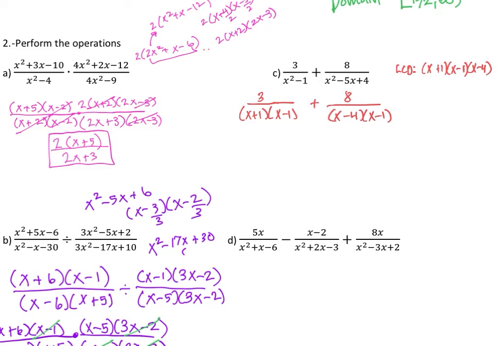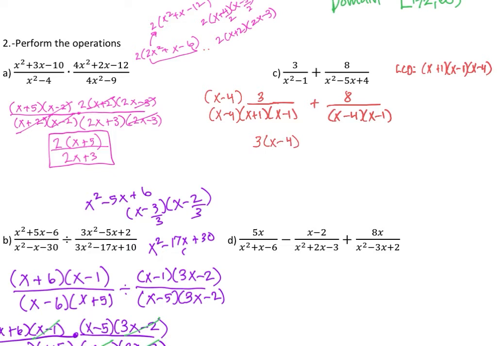Okay, so what we're going to do is go ahead and balance out the denominators. So let's start with this first one. We have x plus 1, x minus 1. It is missing an x minus 4. So I'm going to multiply the numerator and the denominator of my fraction by the part of the LCD that fraction is missing.